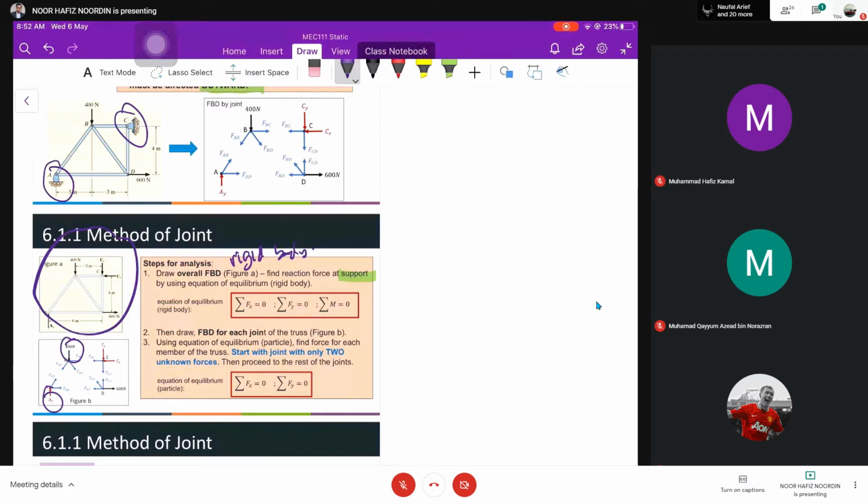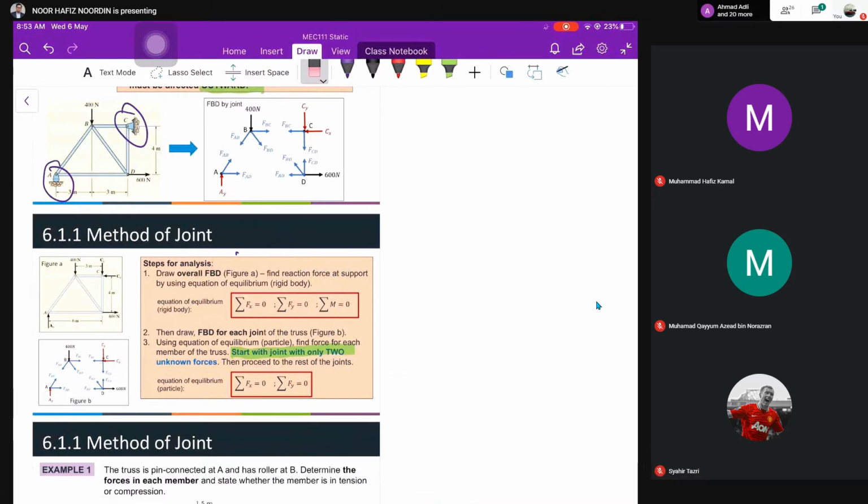So when you see it says start with a joint with only 2 unknown forces, it means that once you have drawn all your free body diagrams for the joints, you look at which one has only 2 unknown forces. Let's say in our example, at point A and point B. The unknown forces are the ones on the slender members, not including the 400 Newton external force.